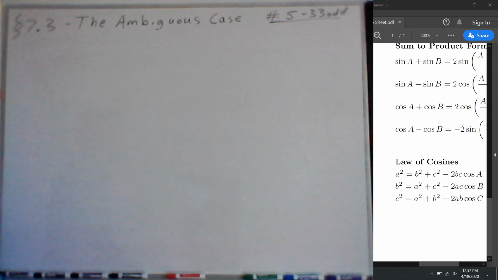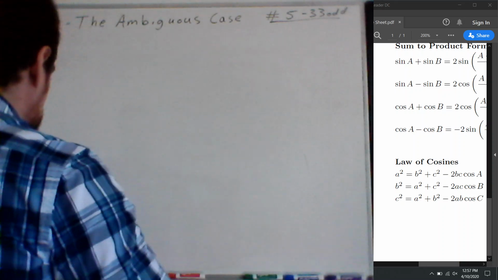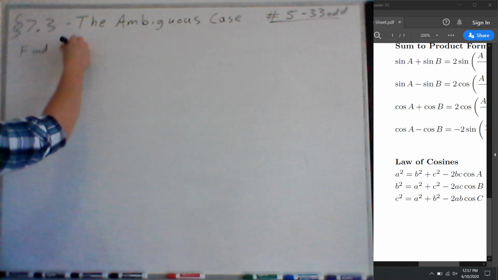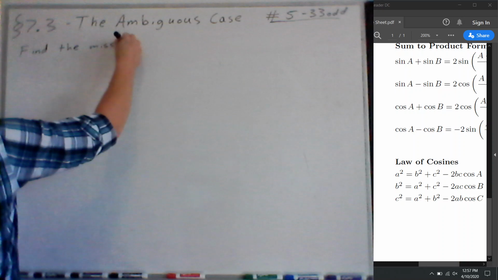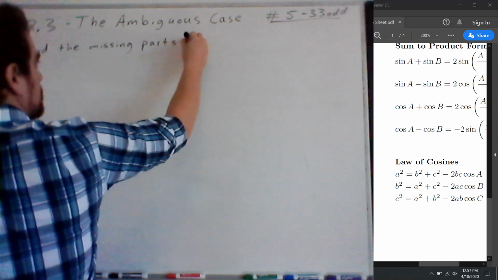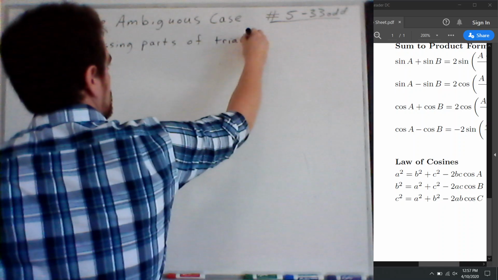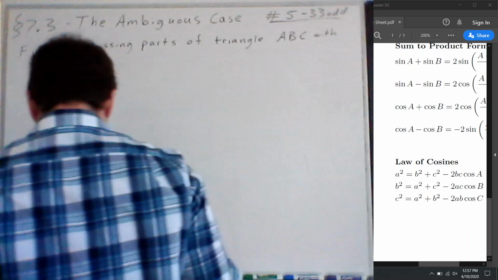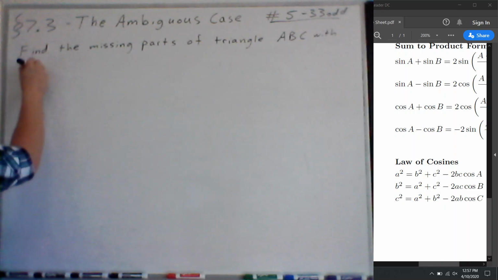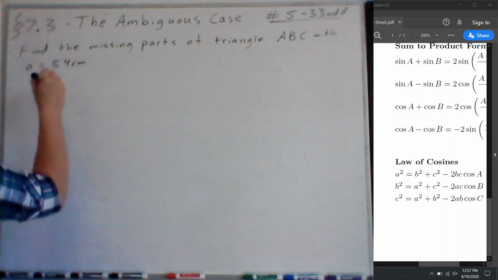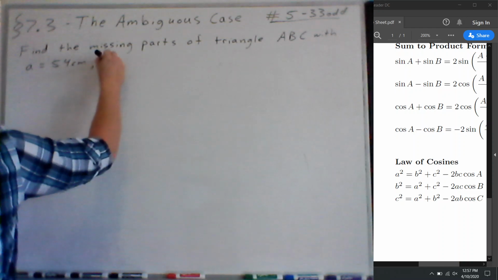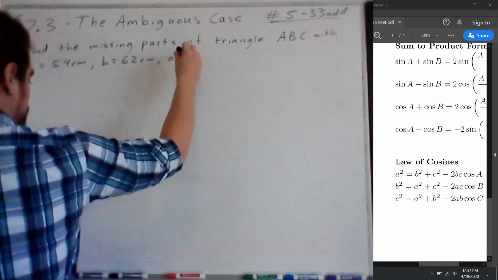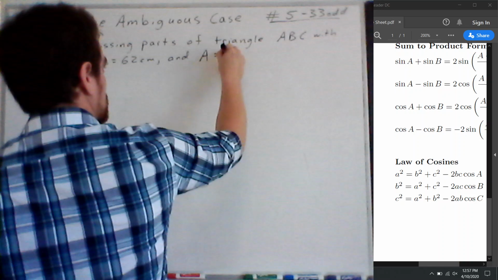So let's see what happens when there actually is at least something to find. Let's say we want to find the missing parts of triangle ABC, with little a is 54 centimeters, little b is 62 centimeters, and they'll give us capital A is 40 degrees.